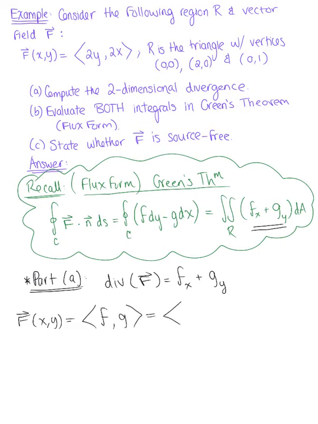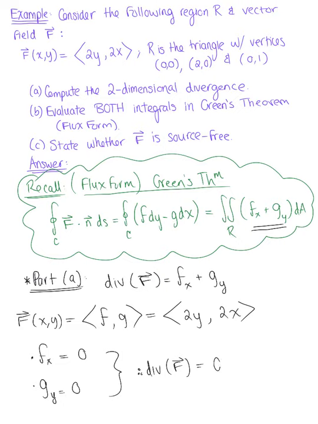And so here, f is 2y, and g is 2x. So we can see that the partial derivative of f with respect to x is going to be 0, and the partial derivative of g with respect to y is also going to be 0. So therefore, the divergence of this vector field is equal to 0 plus 0, which is simply 0.